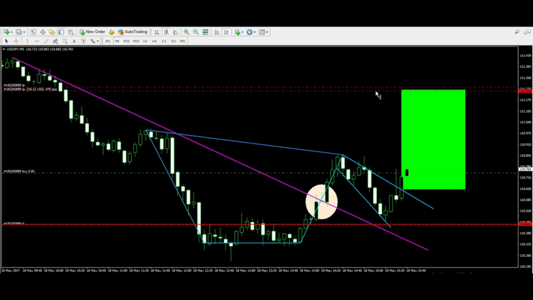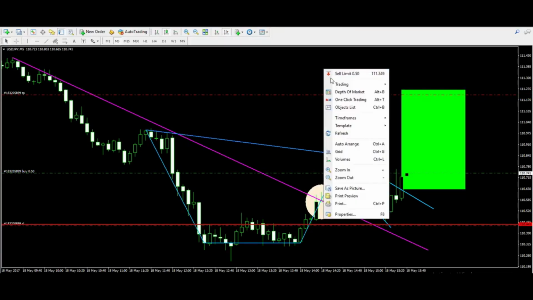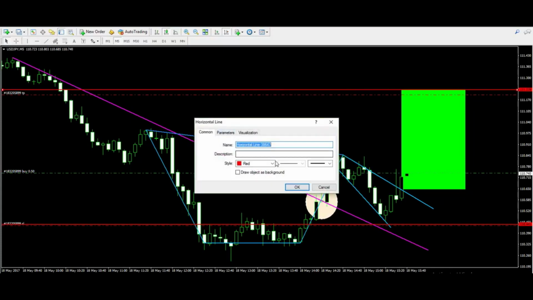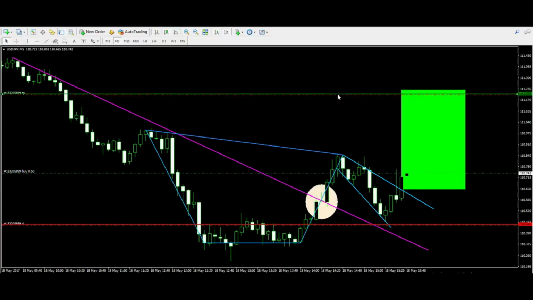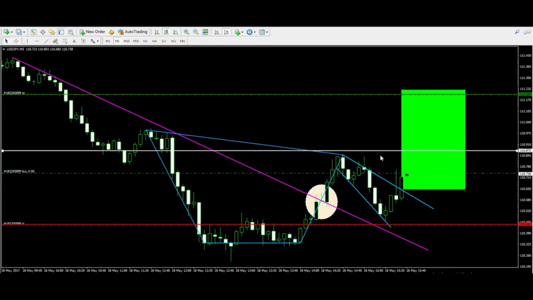Now let's move it on 111.20, which is nearly at the upper level of the rectangle. Now I'm going to mark this level with a green line. So in case the price hits the take profit or the stop loss order, I will have it visualized. All right, and now my entry point that I'm gonna put in white.